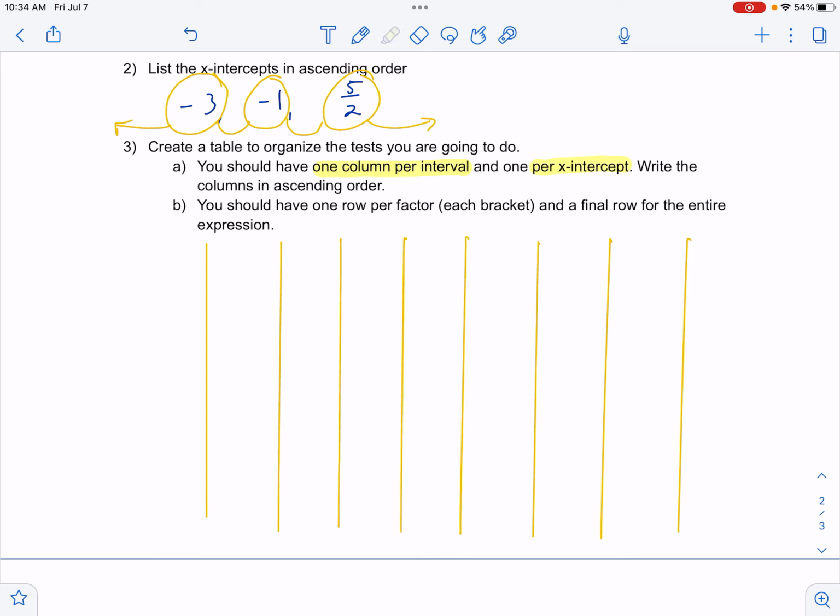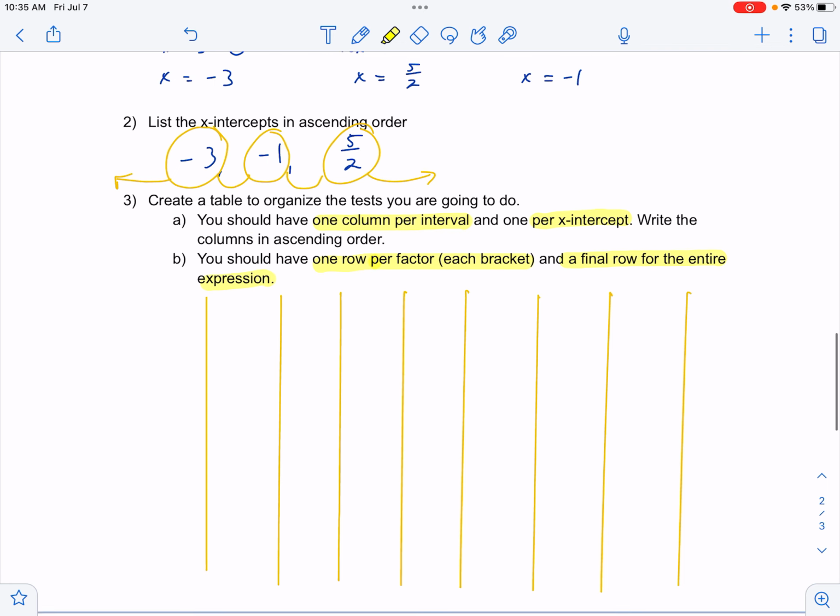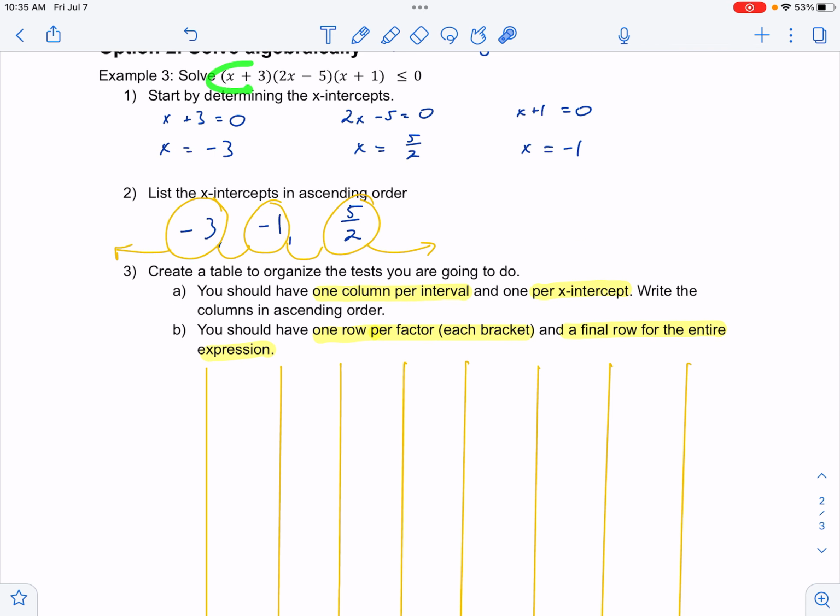Now I also need 1 row per factor and a final row for the entire expression. So I have 3 factors here: x plus 3, 2x minus 5, and x plus 1.